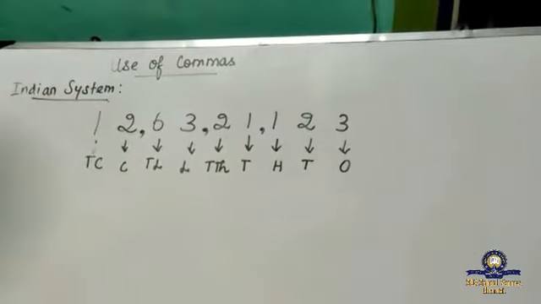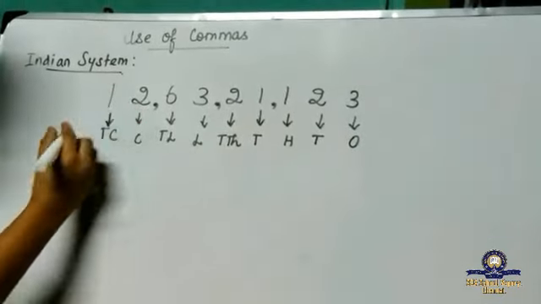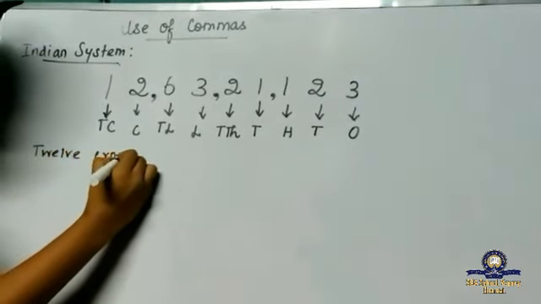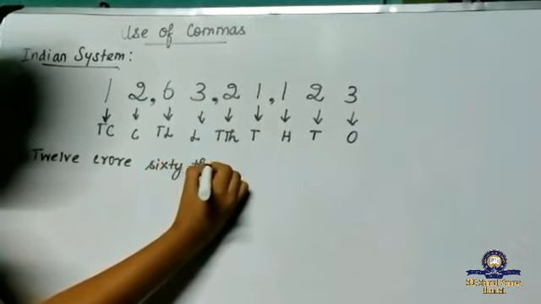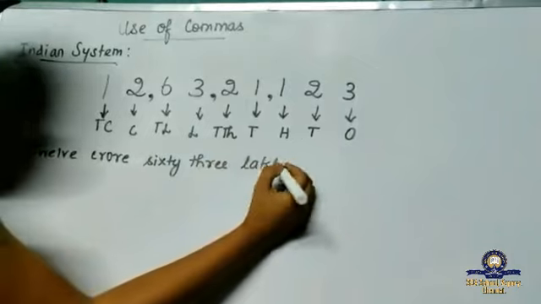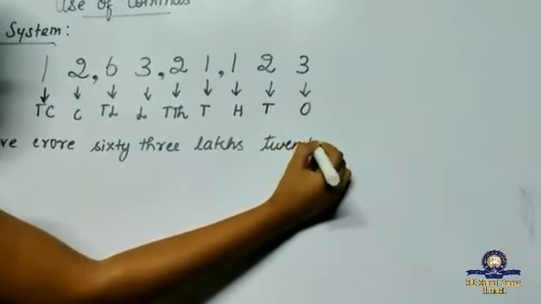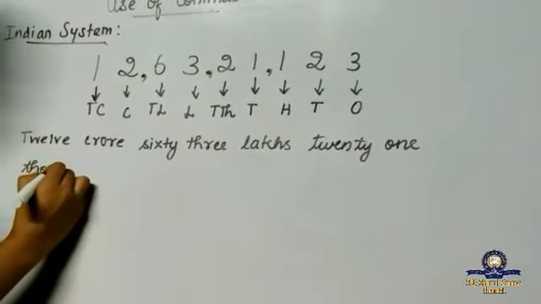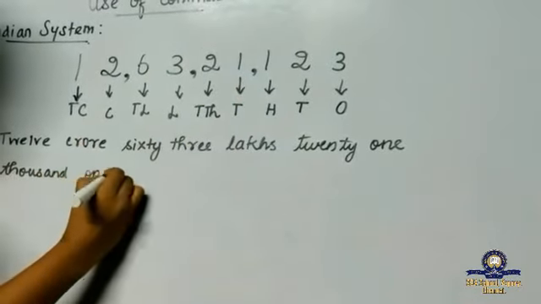While naming this, you're going to name it as 12 crore 63 lakh 21,000 123.